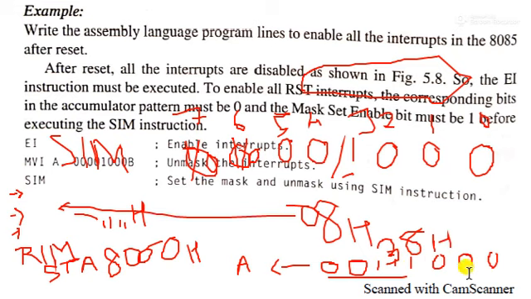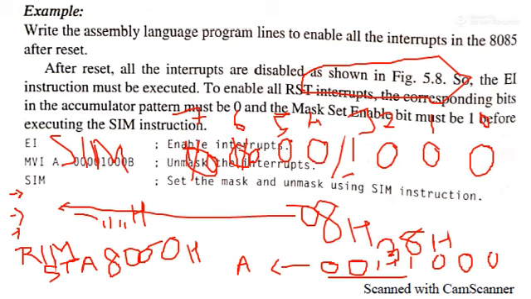That means all the interrupts are unmasked, and the currently pending interrupts are RST 5.5 and RST 6.5. In this way, the SIM and RIM instructions operate.